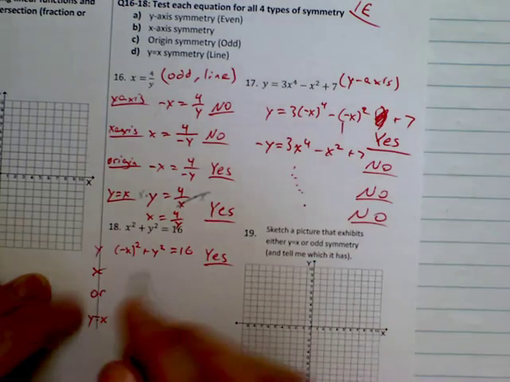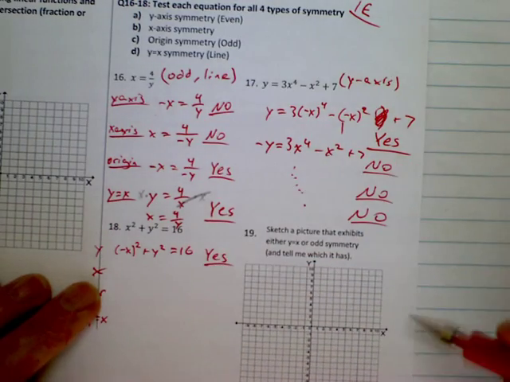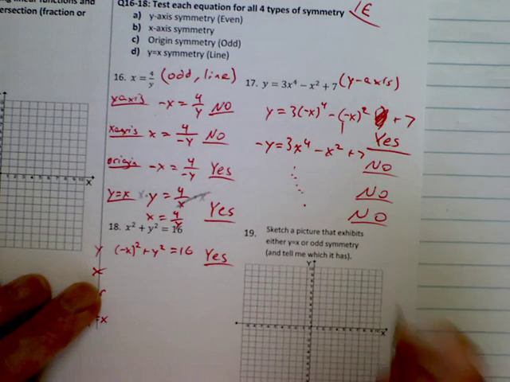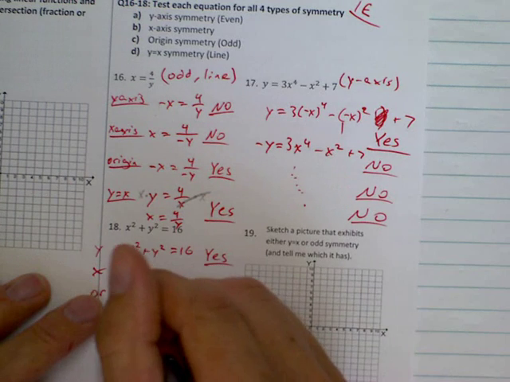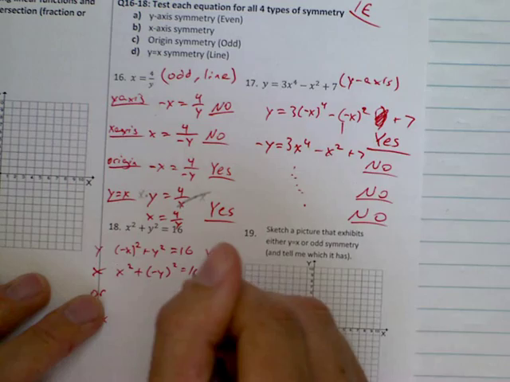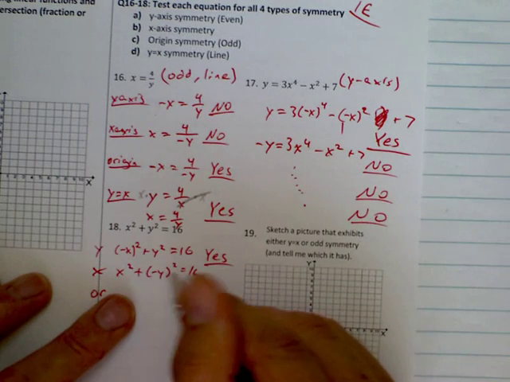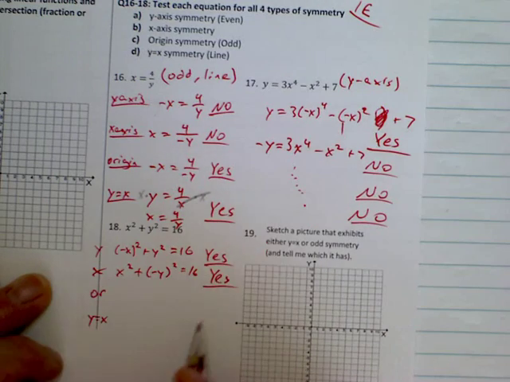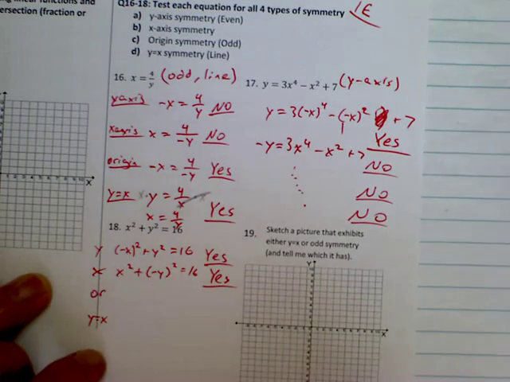So yes. For x-axis symmetry, that would be folding the top one to the bottom. Positive y's become negative y's. So x squared plus negative y squared equals 16. And by the same logic, that negative would cancel out. So yes, that would match the original equation.